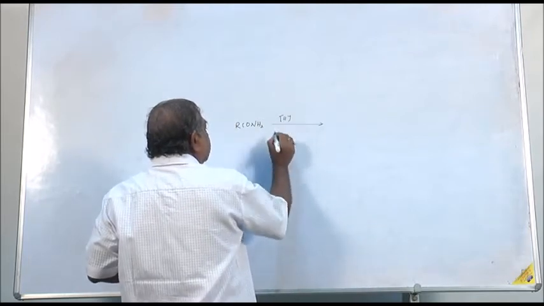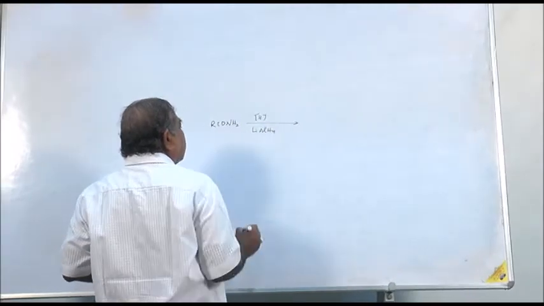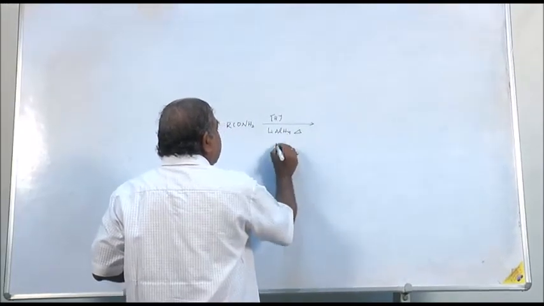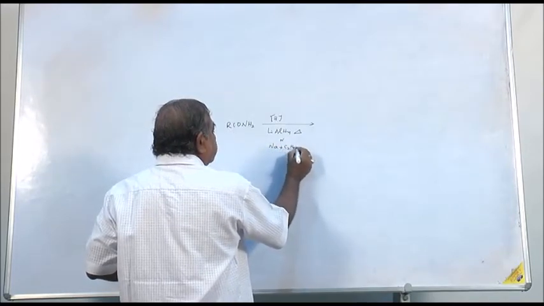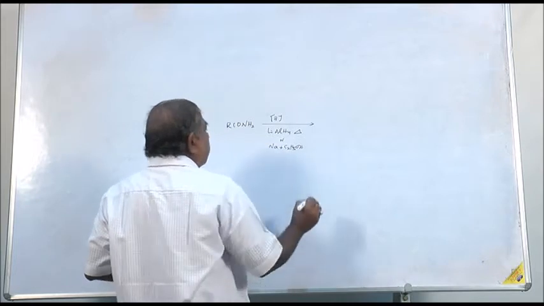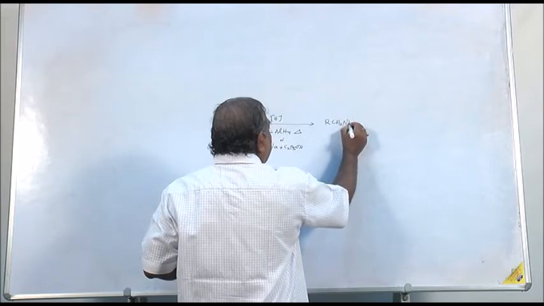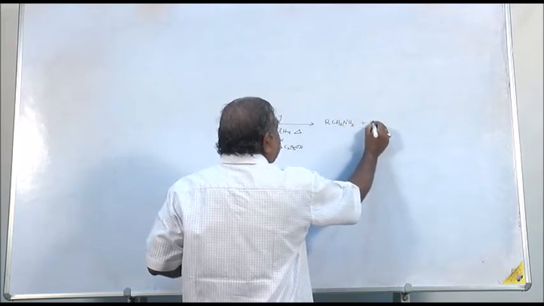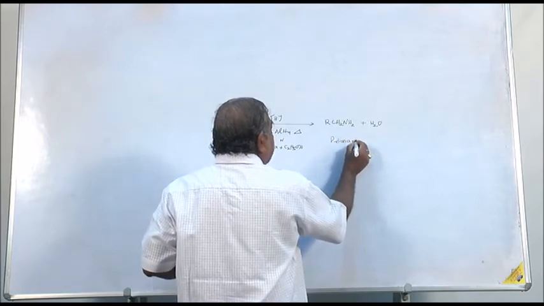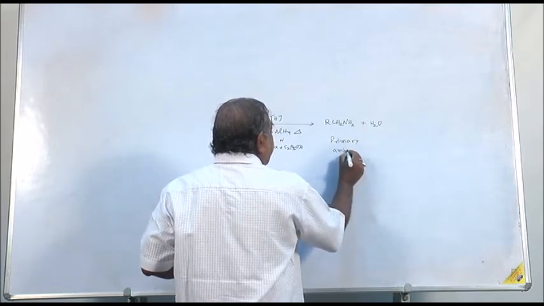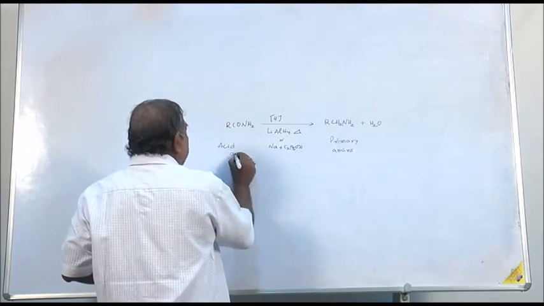That means if it is subjected to reduction by heating with lithium aluminum hydride or with sodium and ethyl alcohol, you will get a primary amine having the same number of carbon atoms as that of the acid amide.